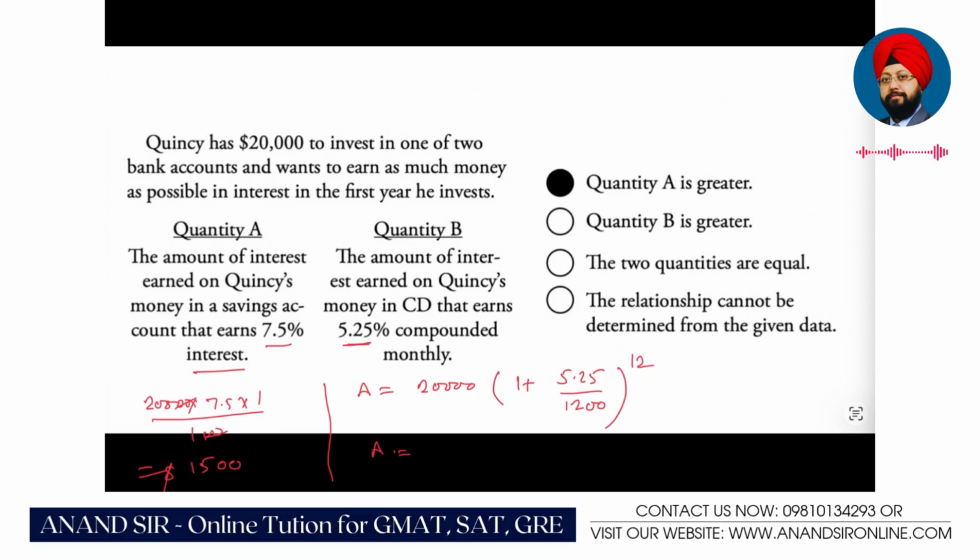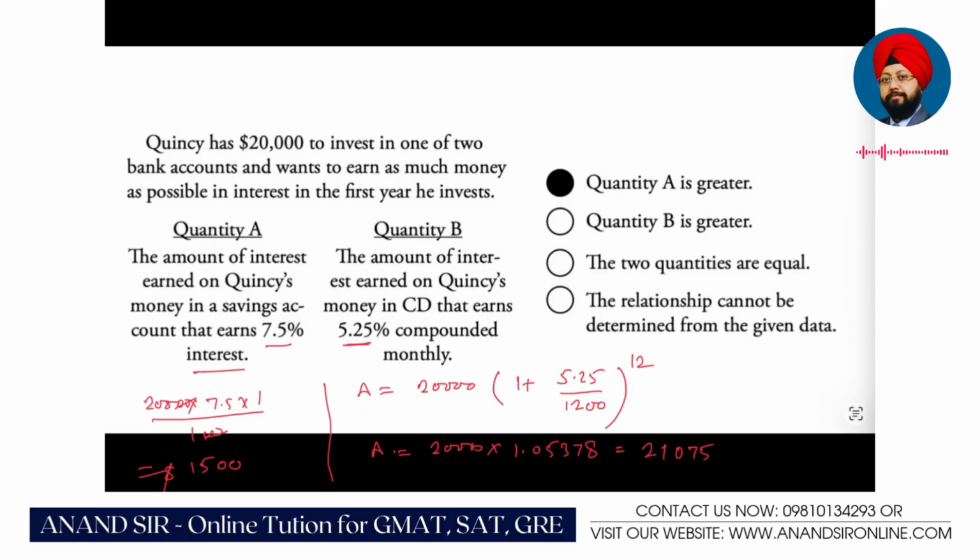Now I calculate this amount. If I work on my calculator, it is 5.25 divided by 1200 and then plus 1, then raised to power of 12, that gives me 1.05378, then multiplying by 20,000 I get 21075.